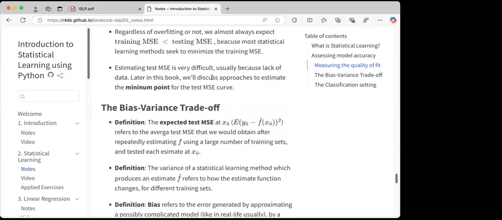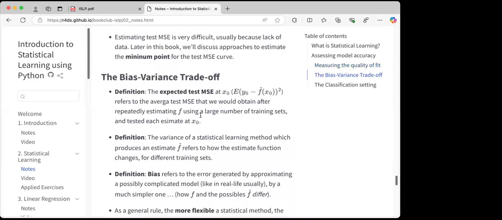So we look at the bias-variance trade-off. The expected test MSE at x0, at a particular observation, is the expected squared difference between the actual y at that observation and the estimated f at that observation.